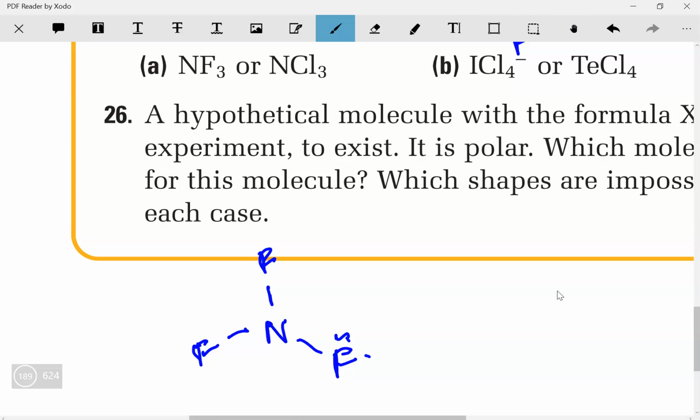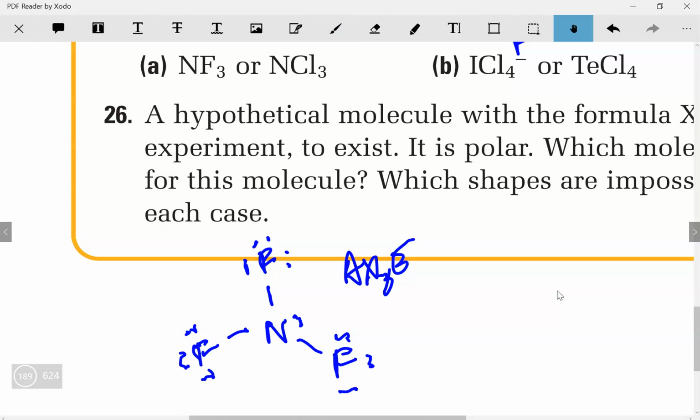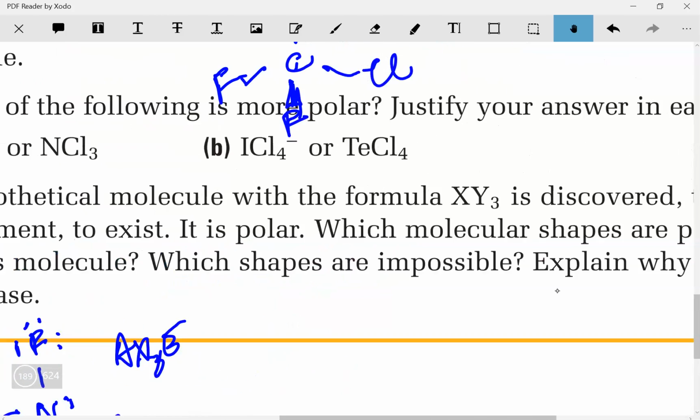So that's 6, 7, 8, 9, 10, 11, 12, 13, 14, 15, 16, 17, 18, 19, 20, 21, 22, 23, 24, 25, 26. This will be polar because it's AX3E. That is a trigonal pyramidal, so it will be polar. I'm guessing NCl3 is going to be the same thing, but NF3 would be more polar because the N-F bond is more polar than N-Cl.